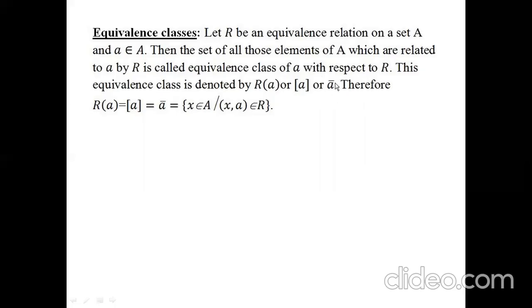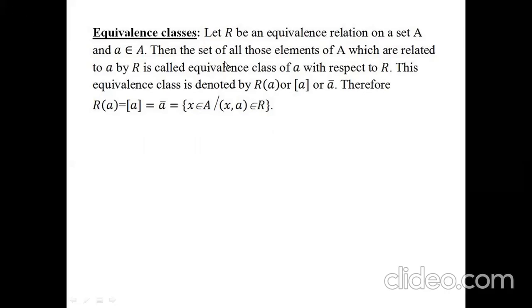So the equivalence class of A is given by the elements X belonging to the set A such that X is related to A. (X, A) belongs to R is the same as saying X is related to A.